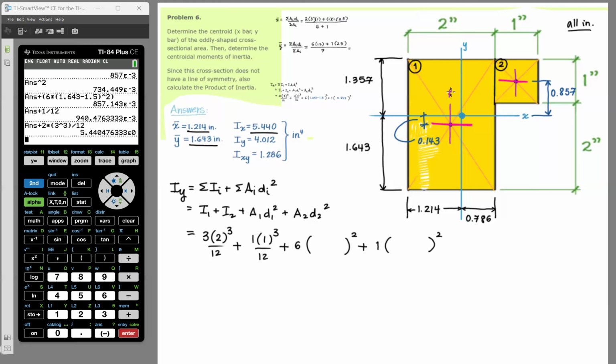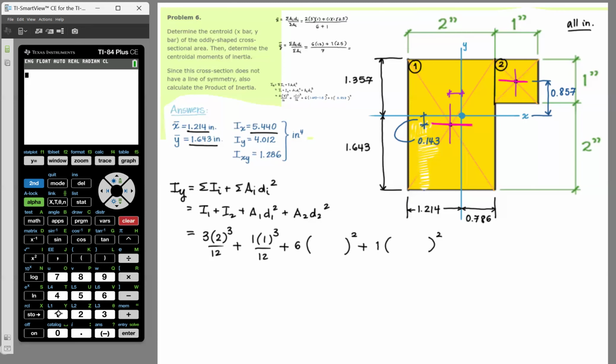Okay, so distance 1 is this dimension right there. And to get it, I'm going to take 1.214, and I'm going to subtract out half of 2, which is 1. So I'm going to get 0.214, 0.214 for shape 1.